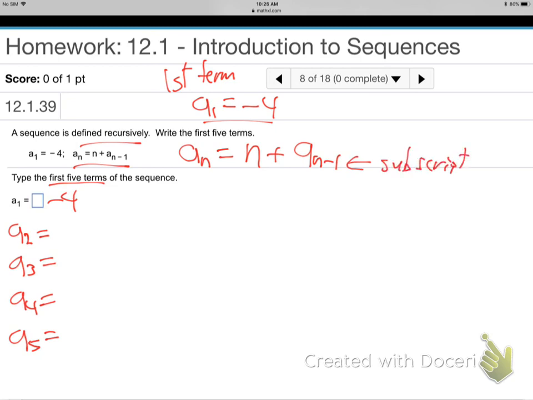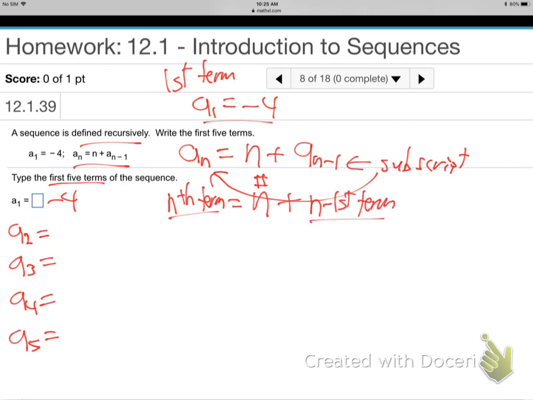A power is a superscript, raised up, and a low down number is called a subscript, like a submarine is low under the water. They tell you the order of the term number. So this is saying the nth term is n, whatever that is, plus the n minus first term.